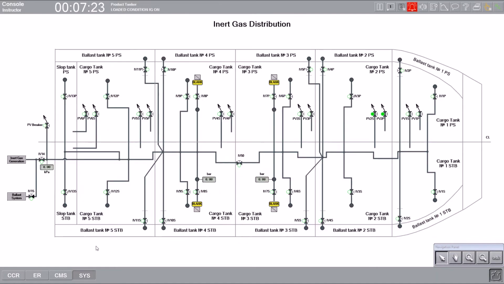However, you have to keep control on the gas flow. Start from this position. Open the valve on distribution inert gas line. The gas line is ready now.